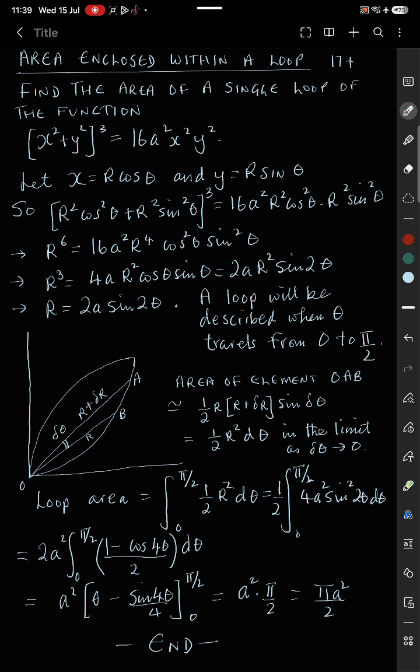That's performing the integration to evaluate it between the limits 0 and pi upon 2, which comes down to a squared times pi upon 2, or pi a squared upon 2.